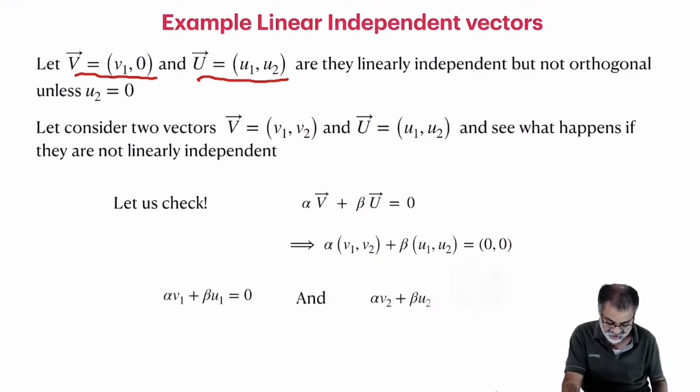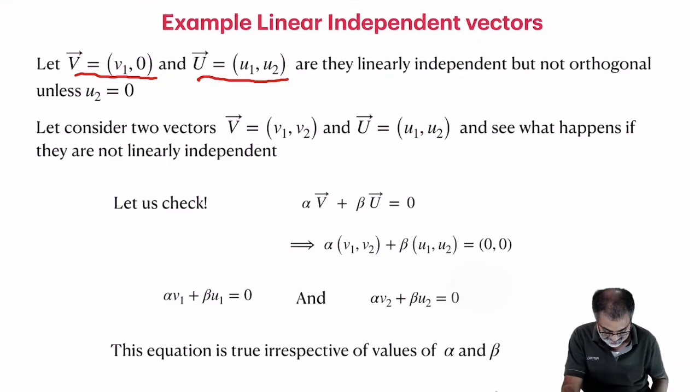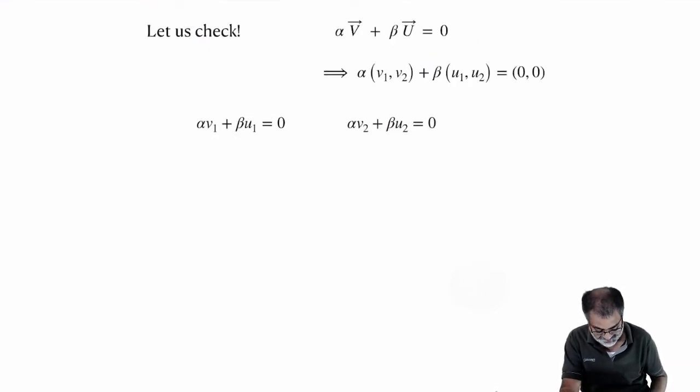It turns out to be two decoupled equations in terms of alpha and beta, u1 and u2, and v1 and v2. Alpha v1 plus beta u1 equal to 0 comes from the first component, and alpha v2 plus beta u2 equal to 0 comes from the second component. Both of them have to be 0.